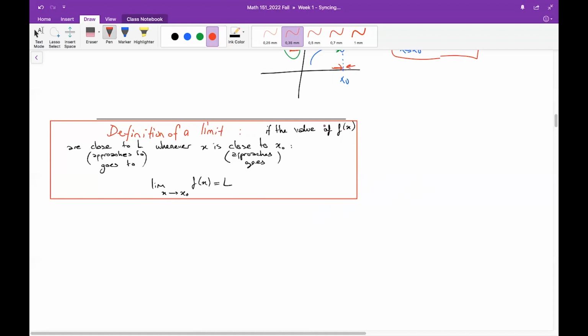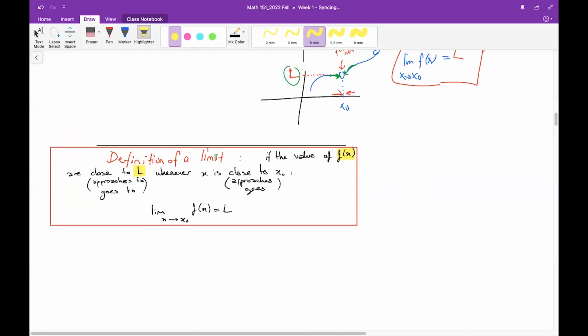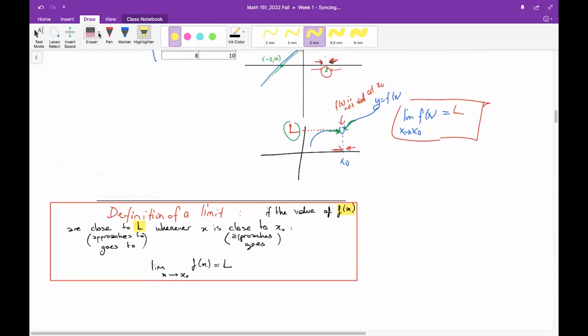If the values of your function f of x are close to L, just like seen here in this graph, right? This is the y-axis, this is the x-axis, and we see that the values of the function are really close to L when the x values are really close to x0.